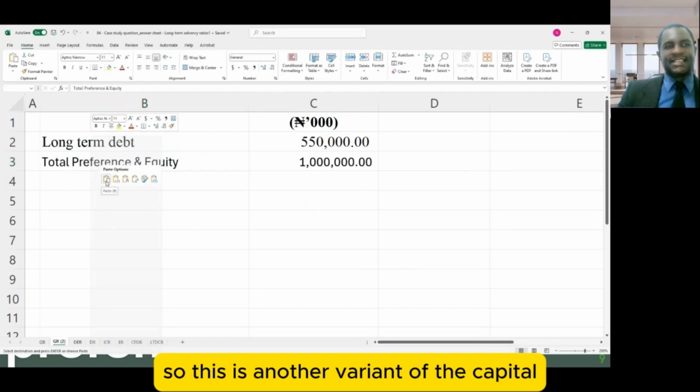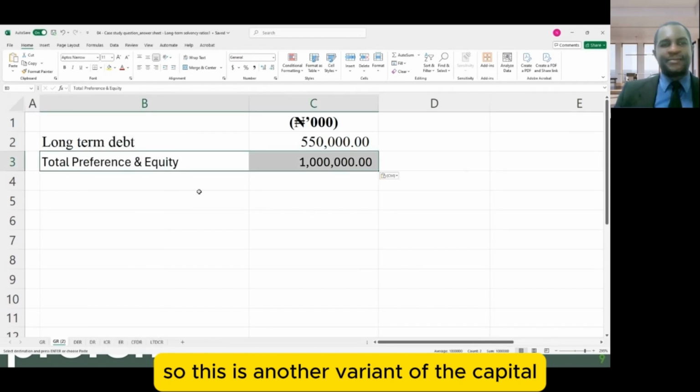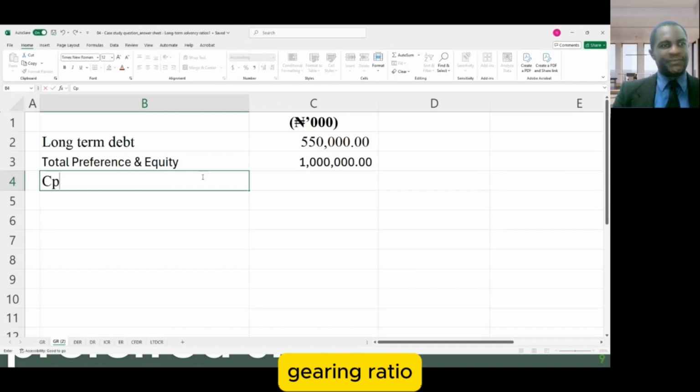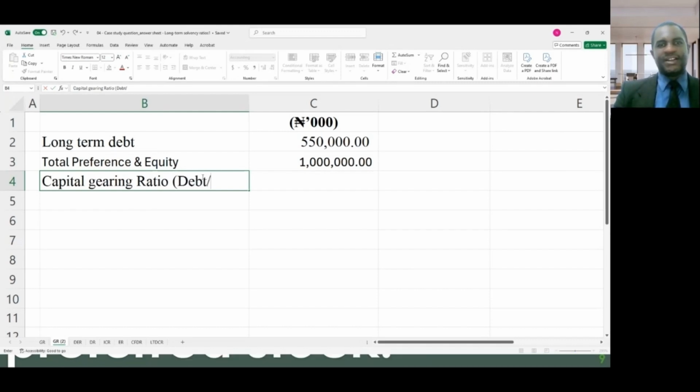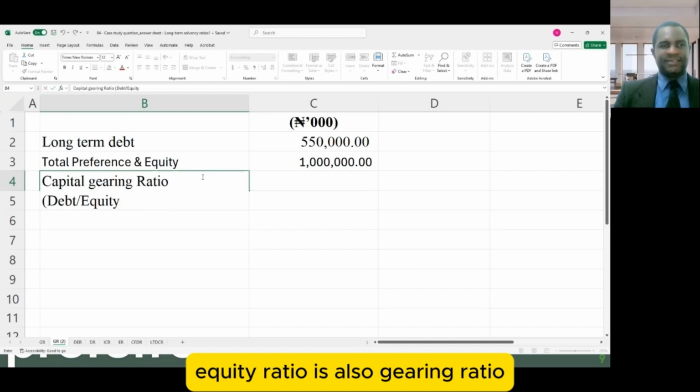So this is another variant of the capital gearing ratio. We could call that the debt over equity ratio.